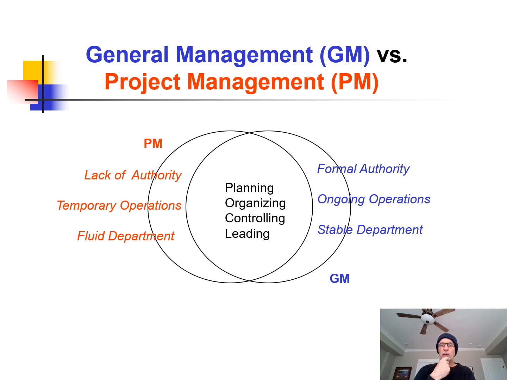There's also ongoing operations within the finance department, which means that the same things happen every month usually. And the department is stable, not in terms of the people being there forever, but the positions are pretty consistent and constant.